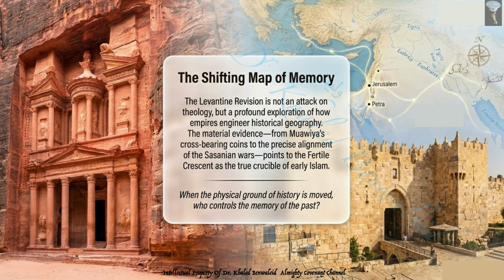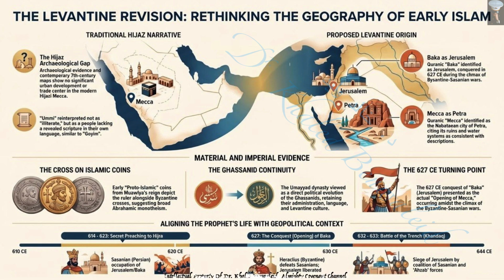We have traversed an immense landscape today, dissecting the architecture of Dr. Khaled Walid's Levantine Revision. We started by looking at the dirt, the early fulus coins minted by Muawiyah, adorned with Byzantine crosses and Greek text, which Walid argues proves the existence of a fluid, proto-Islamic monotheism led by the Ghassanid Arabs.